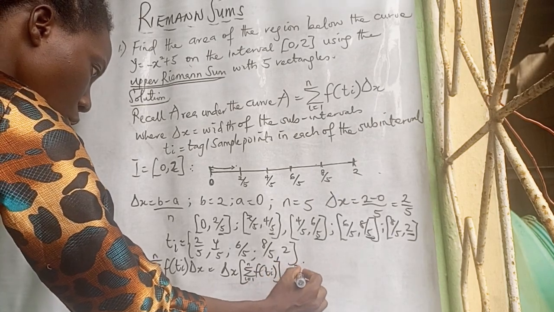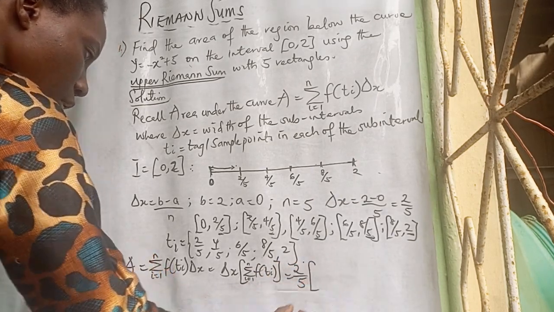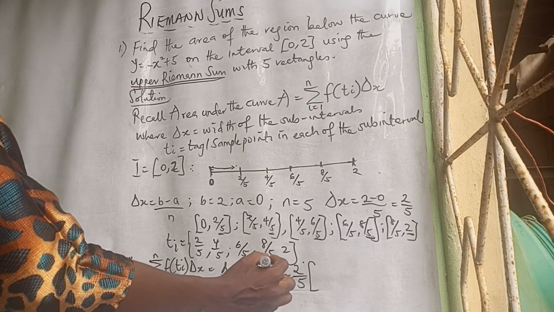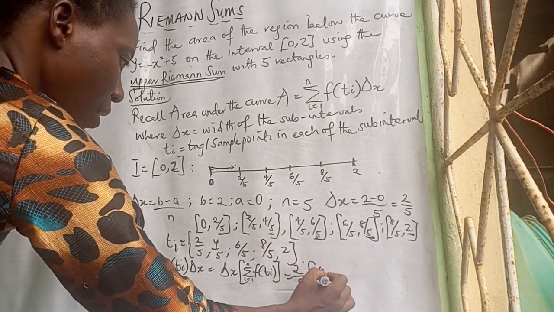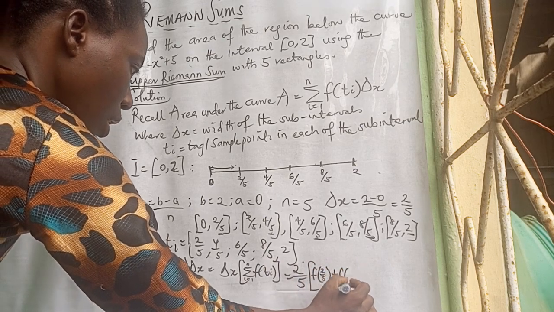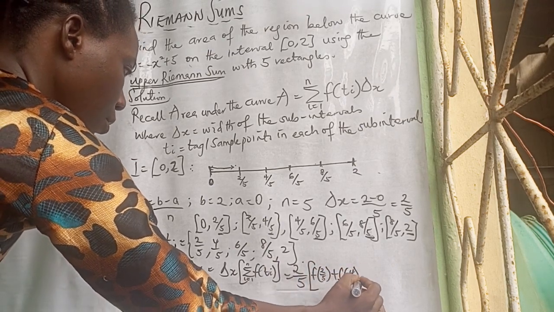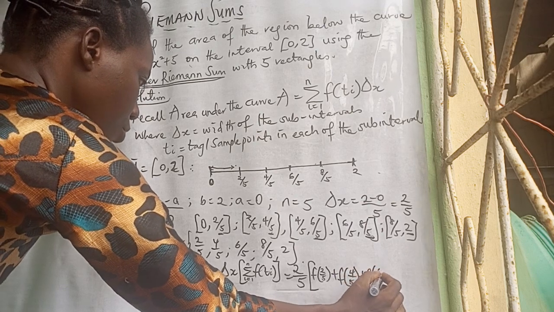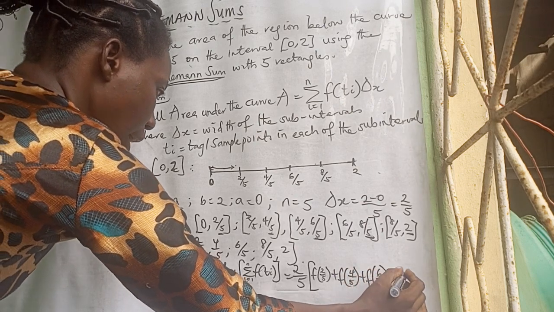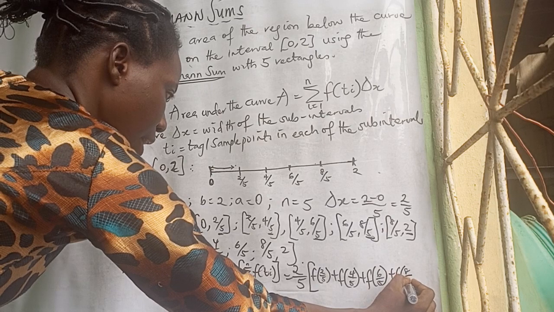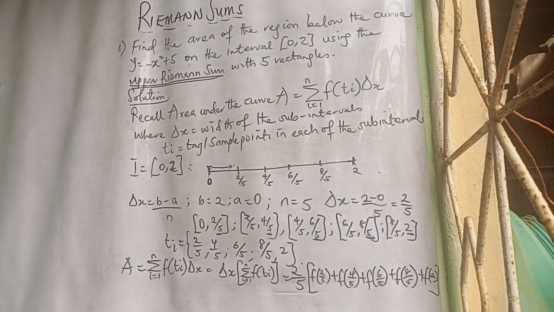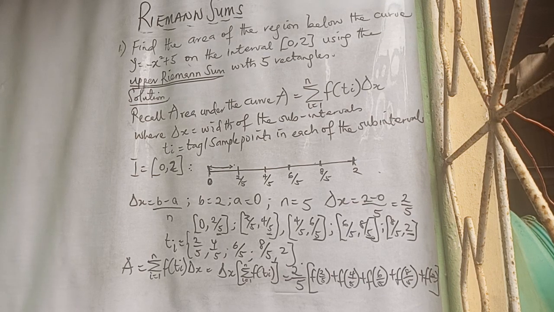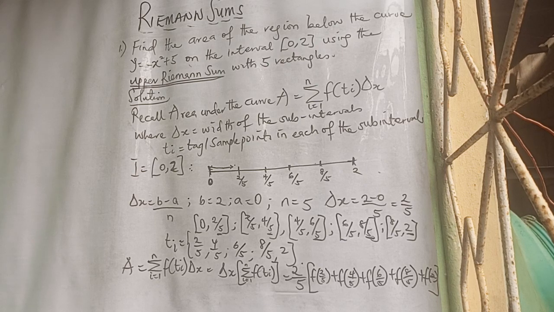And that is what? 2/5 into f of 2/5 plus f of 4/5 plus f of 6/5 plus f of 8/5 plus f of 2. That means we need to find the value for each of those.